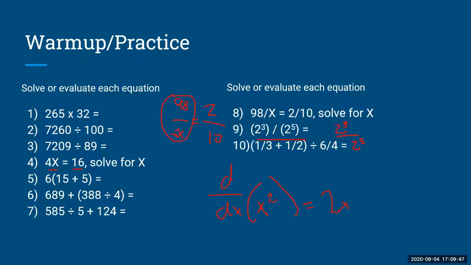This is an exponent property. Remember, when you divide exponents with the same base, you subtract them. There you go, Zoe. Yeah, number 8 is right. Or if you memorize 2 cubed and 2 to the 5th, yep.